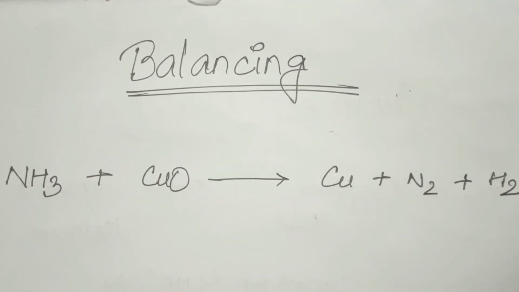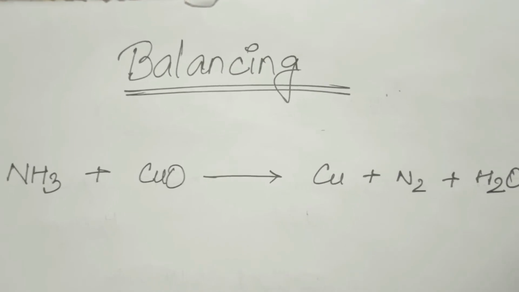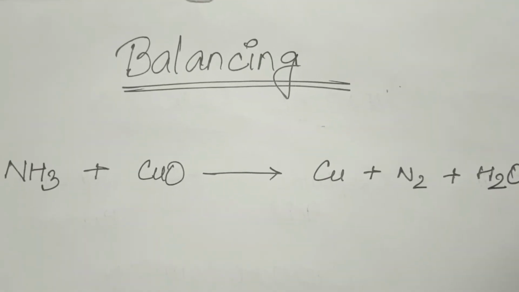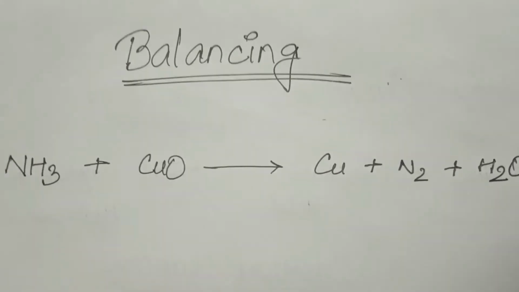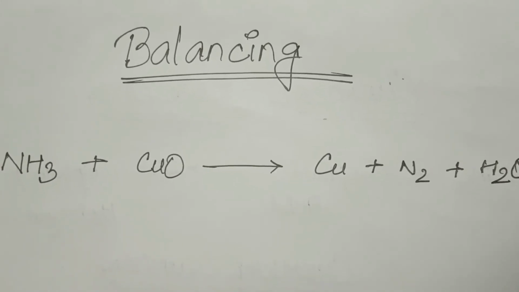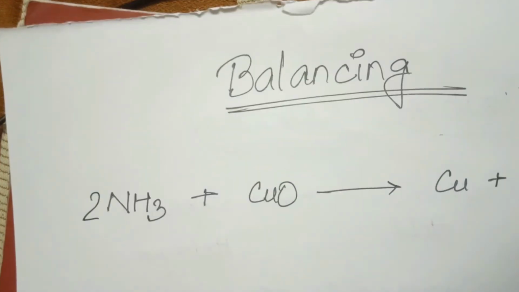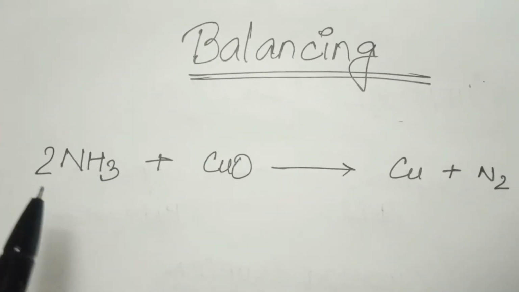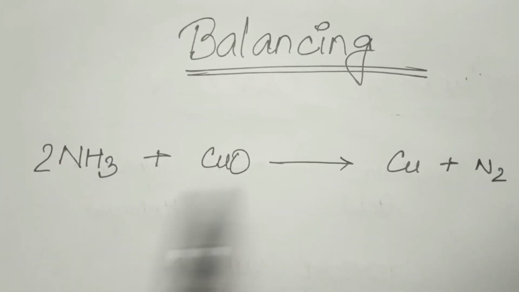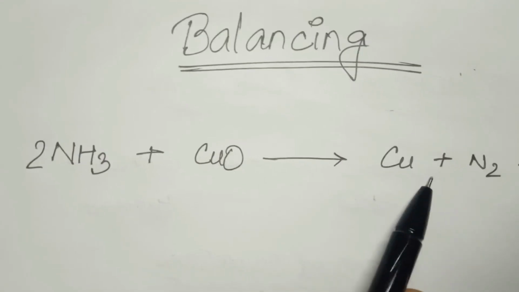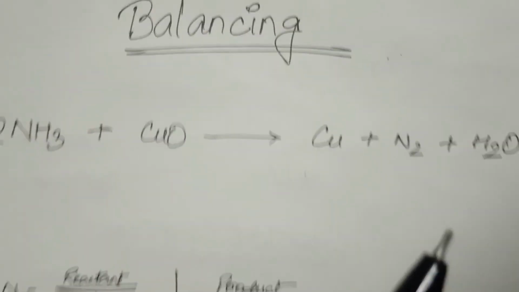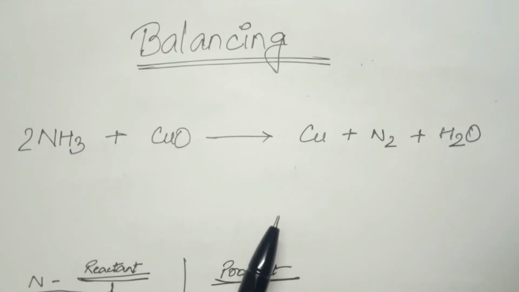How can we do it? We have to increase the number of atoms on the reactant side to balance it with the product side. Now if we write 2NH3, that means 2 nitrogen, so it is balanced, because on the reactant side we have 2 nitrogen, and on the product side we also have 2 nitrogen.